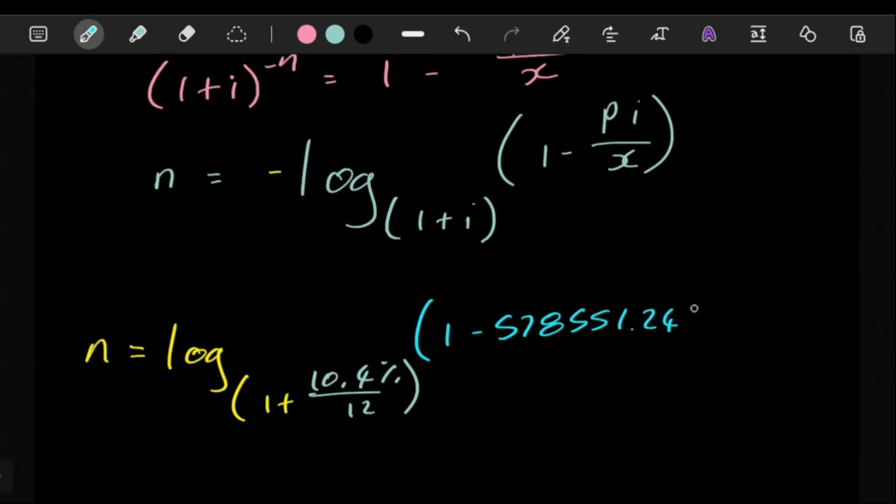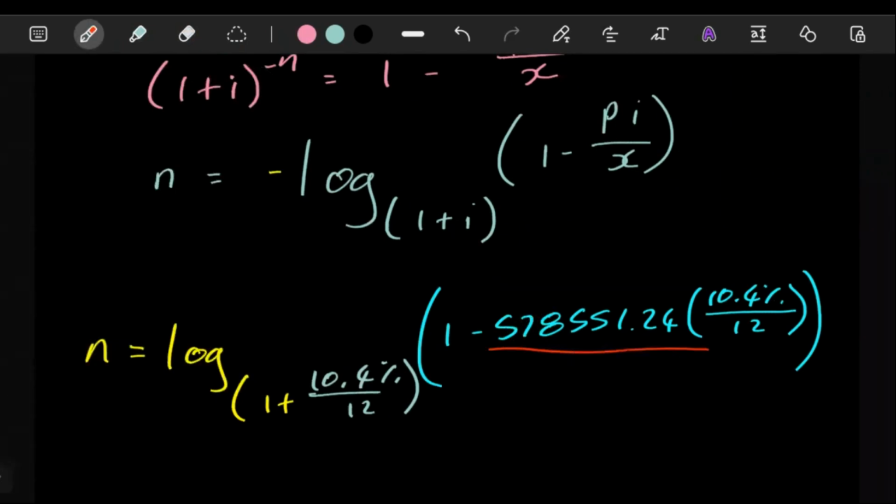The interest rate is 10.4% over 12, and then the whole thing I'm going to put over X. So X is 7,500. Let's put all this in the calculator and see what it gets us.